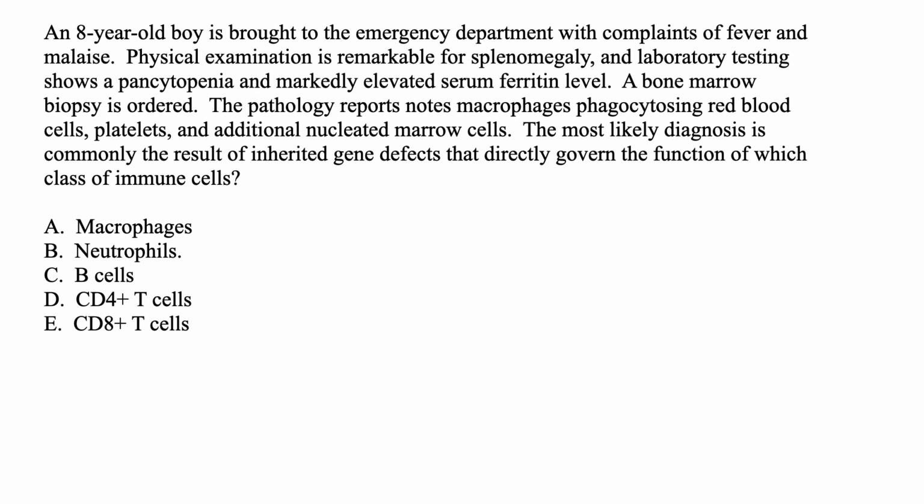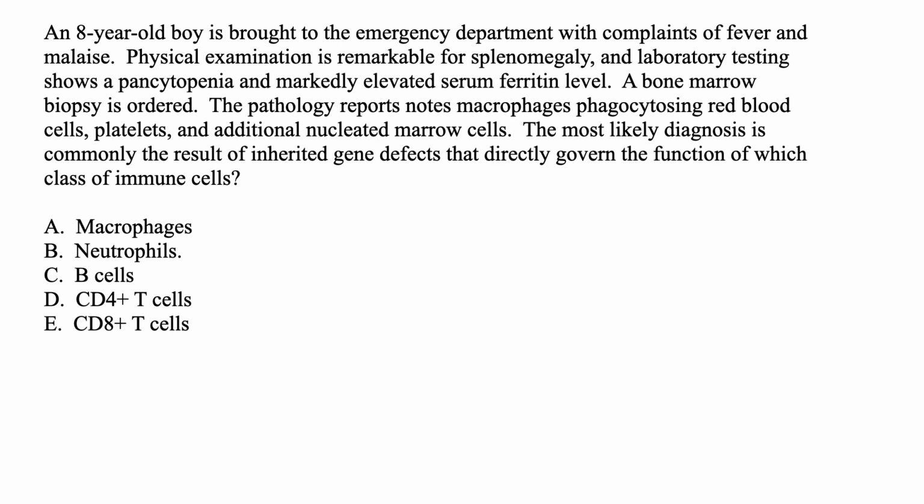So this one, it's describing an 8-year-old boy brought to the emergency department with complaints of fever and malaise. Physical examination is marked with splenomegaly, and laboratory testing shows a pancytopenia and a markedly elevated serum ferritin level. A bone marrow biopsy is ordered. The pathology report notes macrophages phagocytizing red blood cells, platelets, and additional nucleated marrow cells. So this is phagocytosis of the hematopoietic cells.